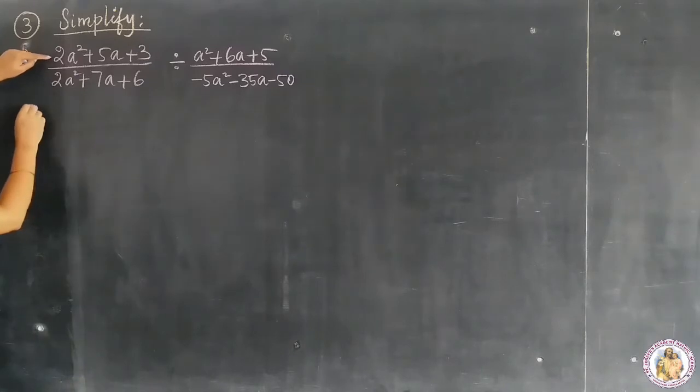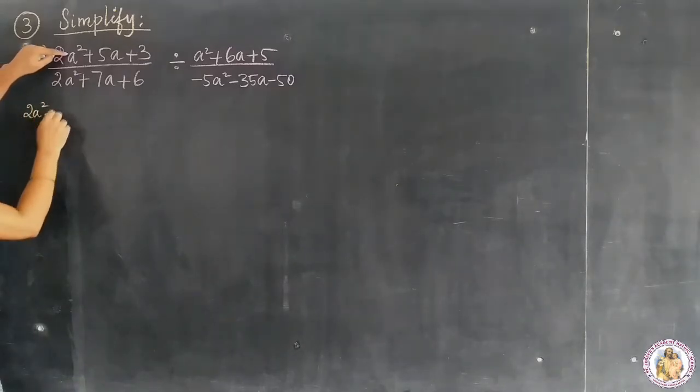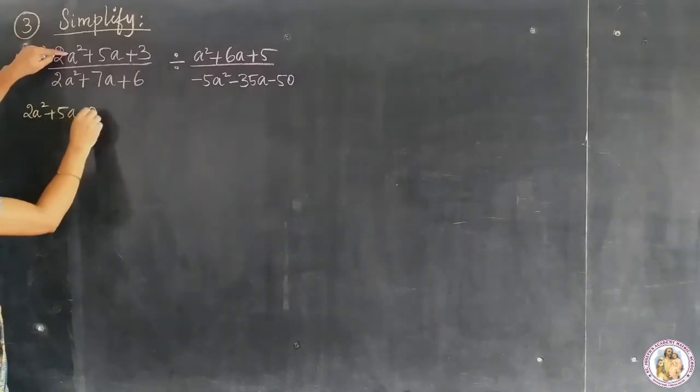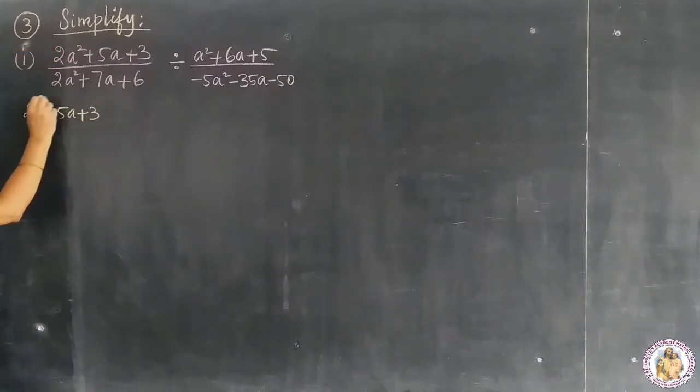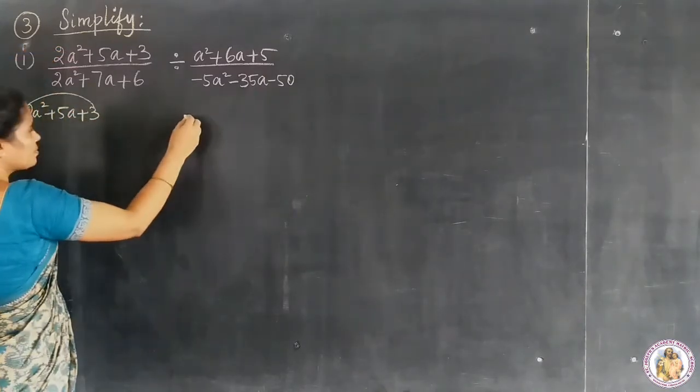So first of all, we will go with 2a square plus 5a plus 3. Take the first and the last, that is 2 into 3.